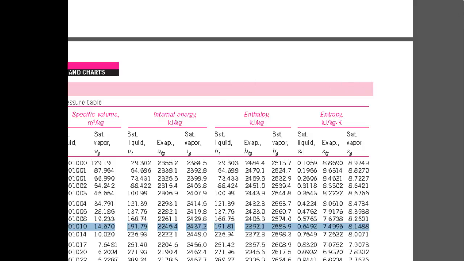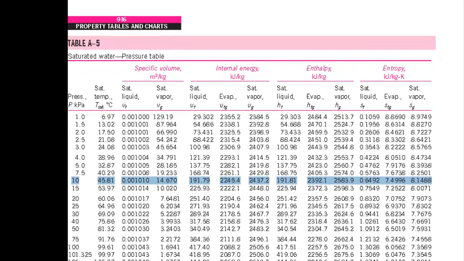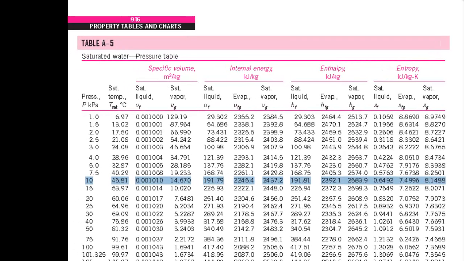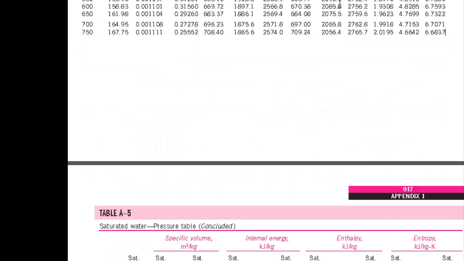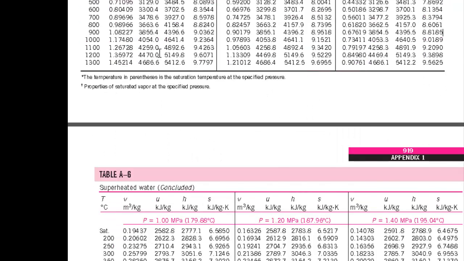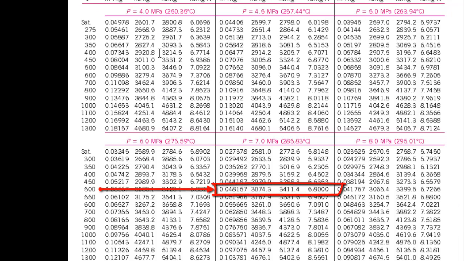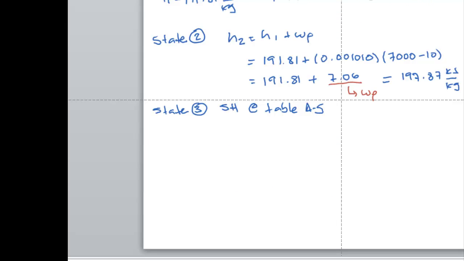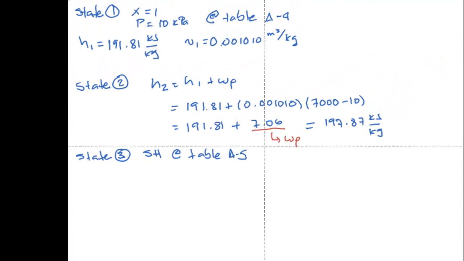Okay, so now we go to state 3, which we know is superheated vapor, and we need to go to our table A6. We see that in table A6 for superheated vapor we have two entrances, pressure and temperature. So we know our pressure is 7 megapascal and 500, and it's indicated here. Our enthalpy is 3411.4. 6.8 is the entropy that we're going to use. So that will define our state 3.